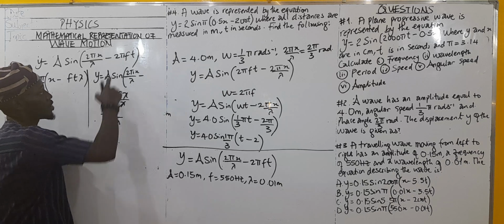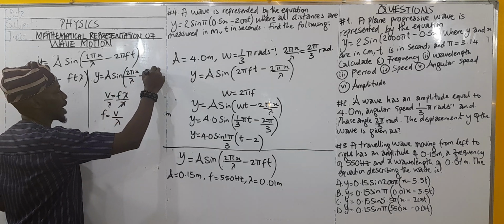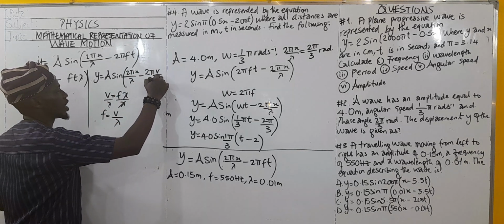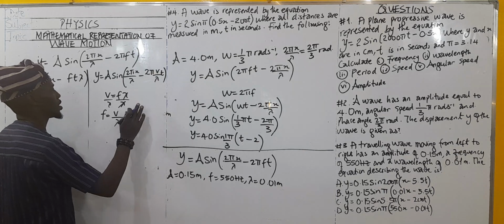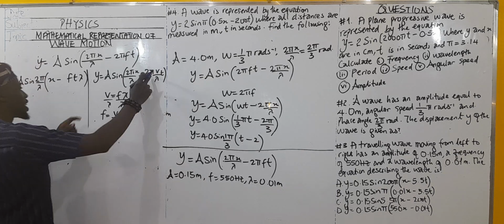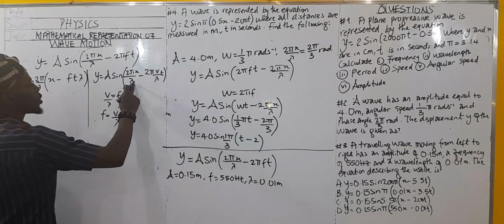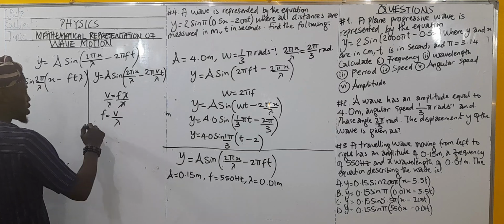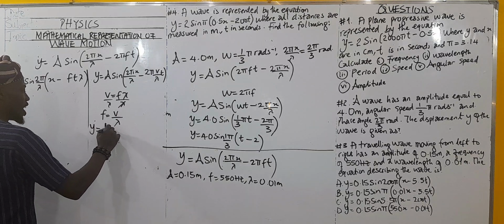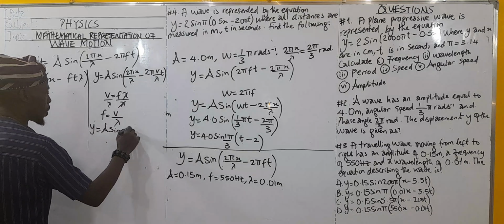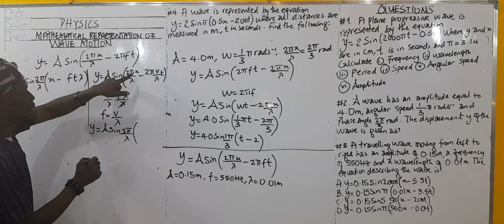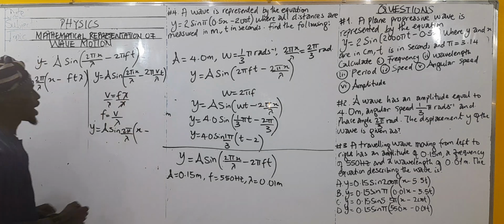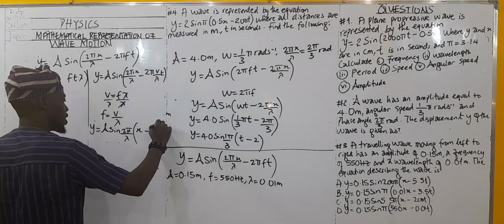So it is easier to write it now as 2 pi v over lambda t. Now I can factorize 2 pi over lambda. Can you see 2 pi over lambda here too? So it now becomes y equals A sine 2 pi over lambda, and what will be left is x minus vt.